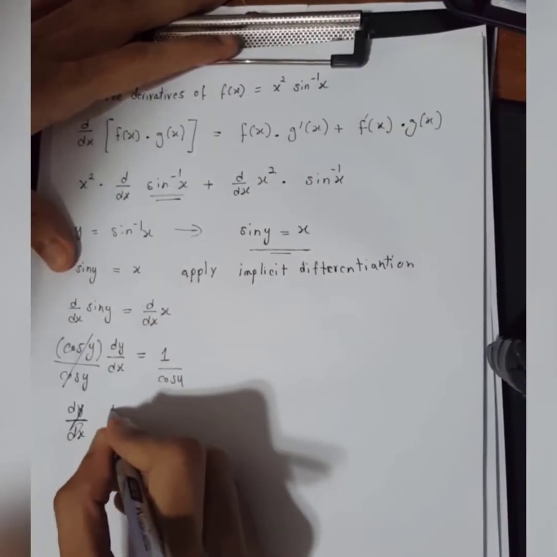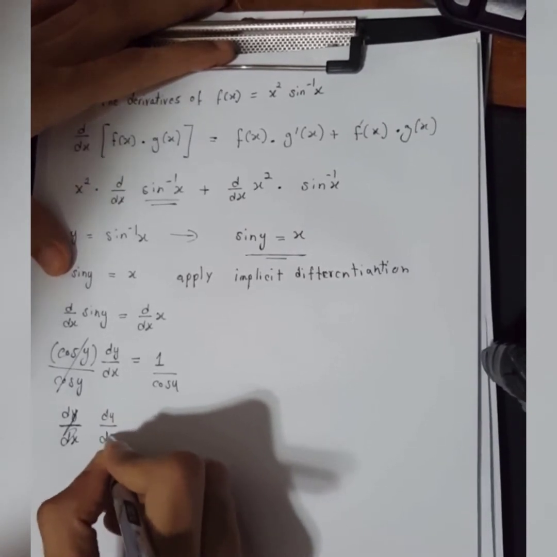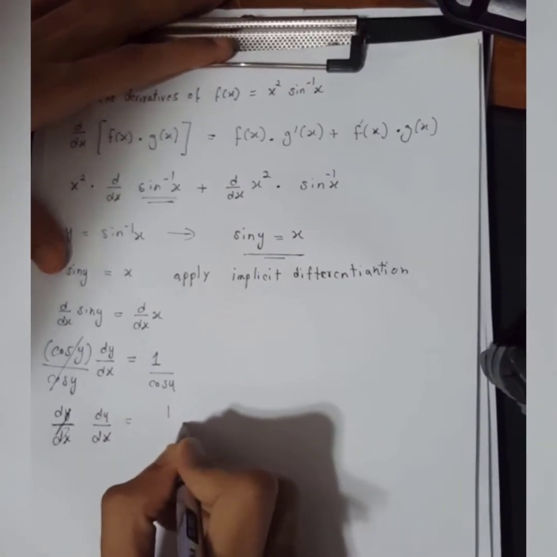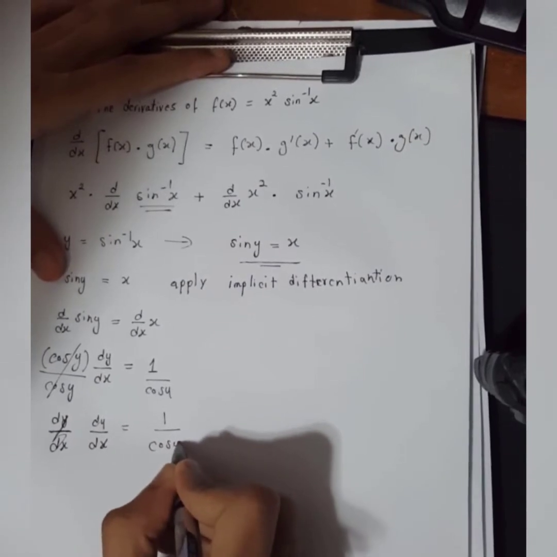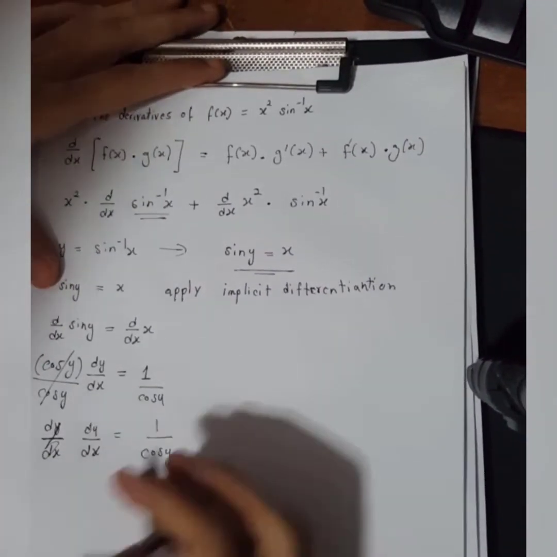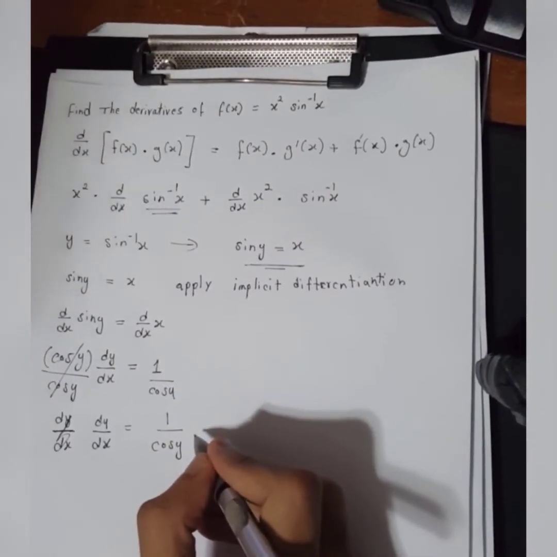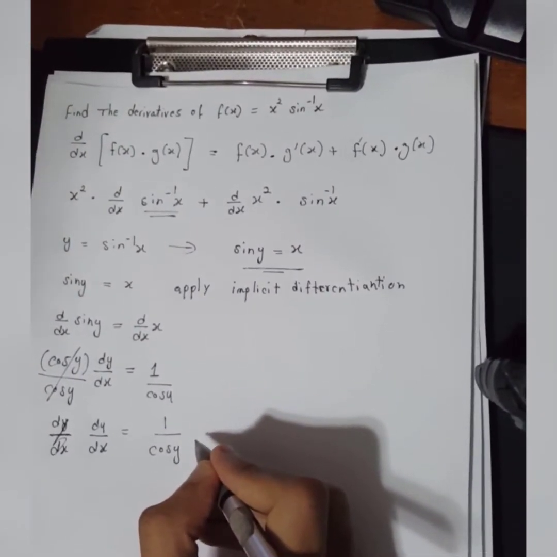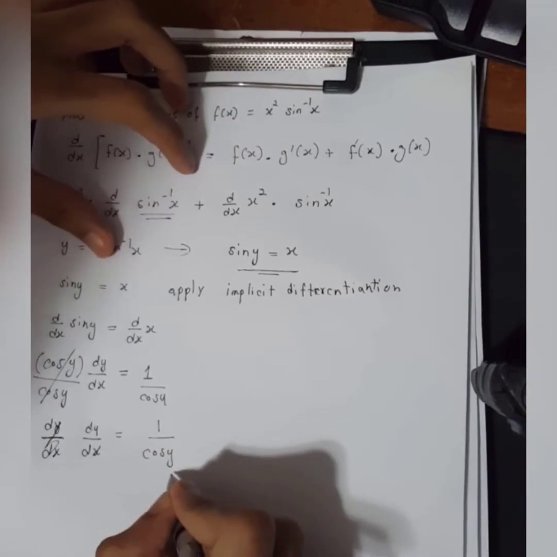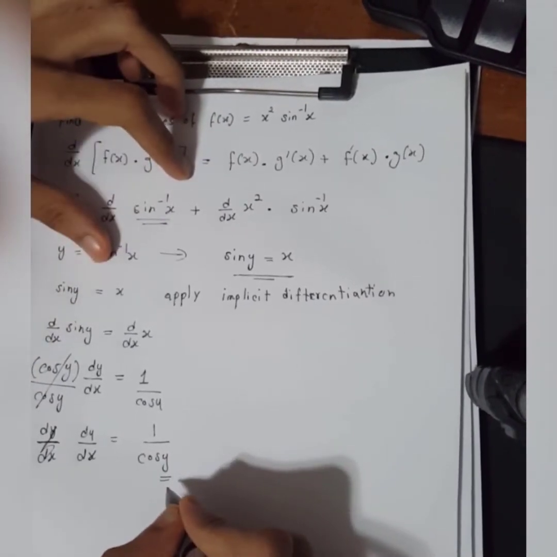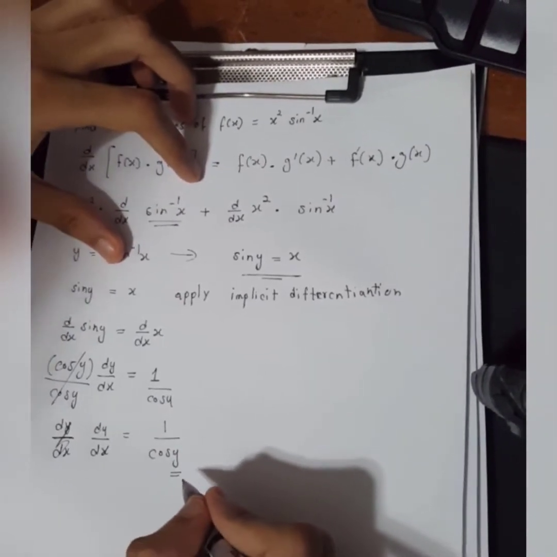We will get dy over dx is equal to 1 over cosine y. Now this is still not satisfying, because the derivative is still in terms of y, but I need it in terms of x.